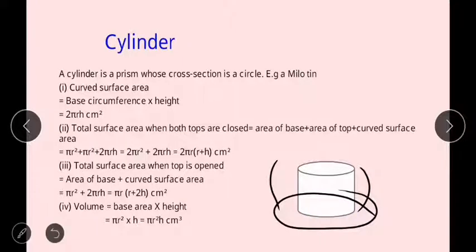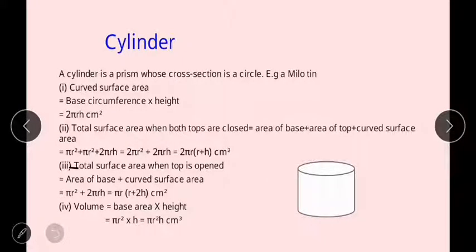And this area. So the area to calculate total surface area when the top is opened is now area of the base plus curved surface area. Area of the base is given as pi r squared and the area of the curved surface is given as 2 pi r h. Is that taken?